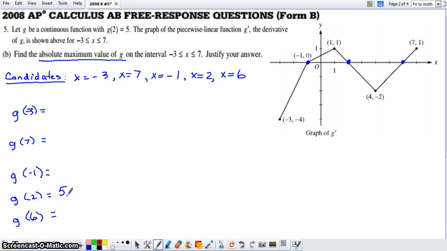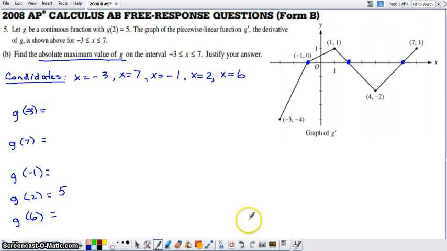So that alone is really enough to say that this is not going to be our absolute max. It's not going to happen at 6. But we're going to need to know what the function value is at 7, so if we figure out what the function value is at 6, we can use this as kind of a starting point for that.